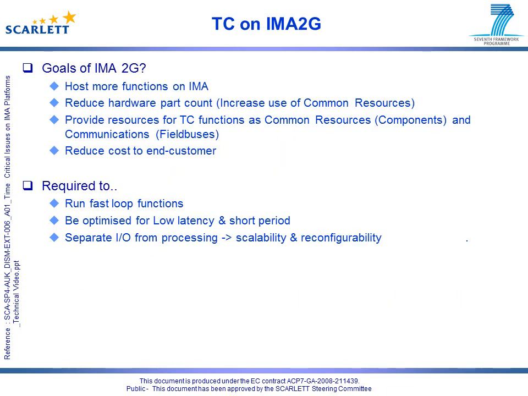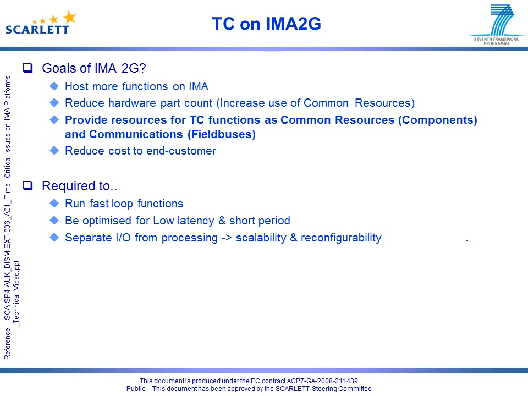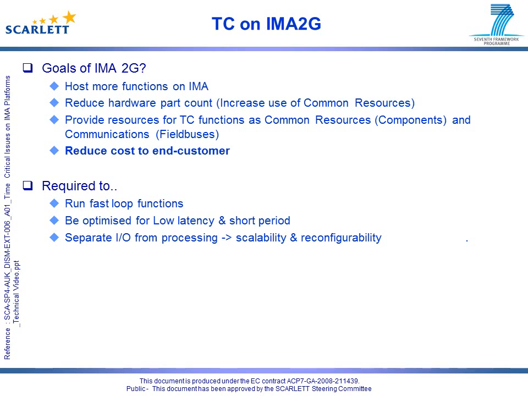If we now start to look at TC functions on IMA2G, some of the goals of IMA2G are: host more functions on IMA, reduce hardware part count, increase use of common resources, provide resources for TC functions as common resources, components, and communications, field buses, and reduce cost to end customer. As more systems are included within the IMA perimeter, the range of common resources, both processing and communication, increases, but the numbers required for each also increases.